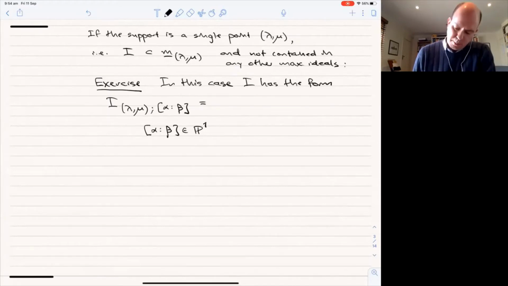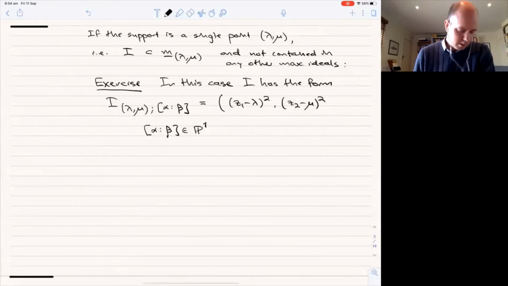So this should be the ideal generated by Z1 minus lambda squared, Z2 minus mu squared, and alpha times Z1 minus lambda plus beta times Z2 minus mu.